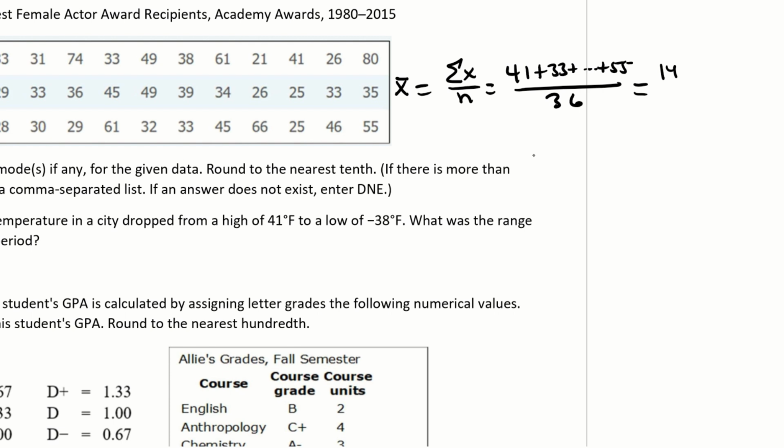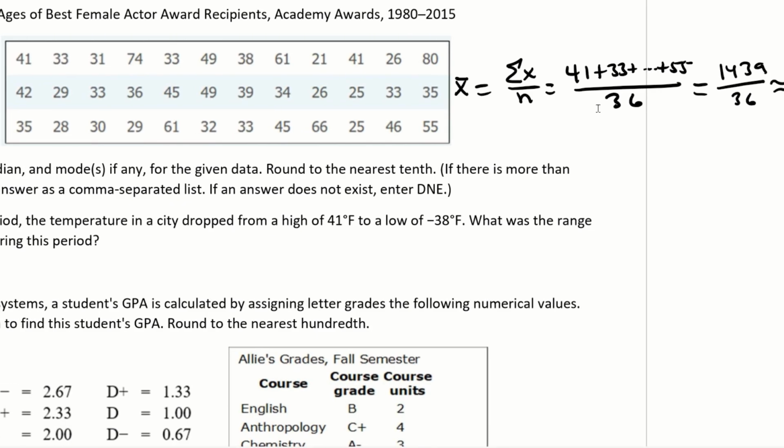This will give you 1,439 divided by 36, which is approximately 39.97. If you round it to the nearest tenth, it's going to be 40.0. All right, and then now we'll have to sort the data, of course.